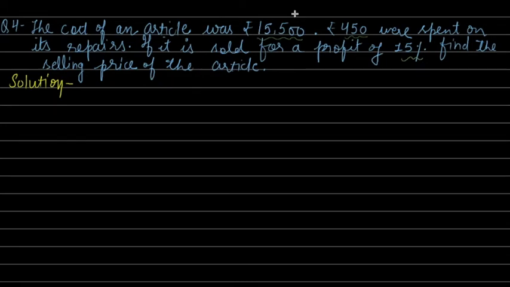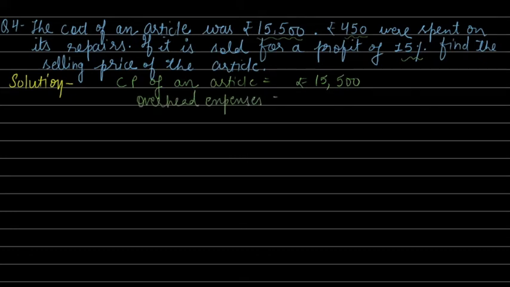So now the cost of the article was how much? CP of an article is rupees 15,500. Overhead charges, expenses, how much is this? Rupees 450. And I told you that we have to calculate the total CP by adding CP plus overhead.